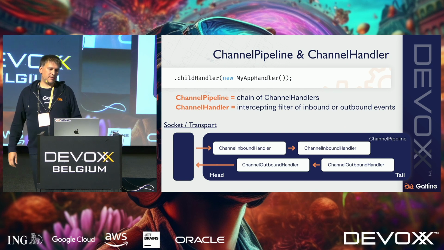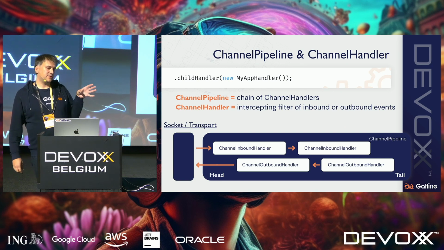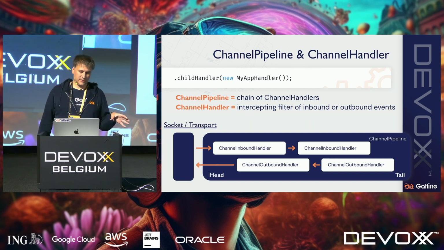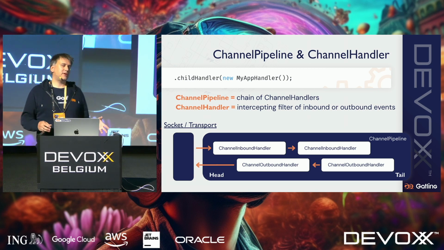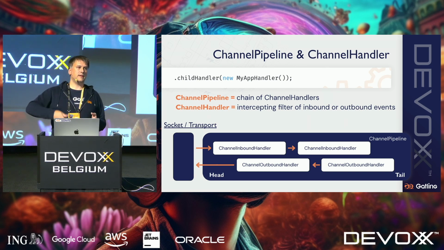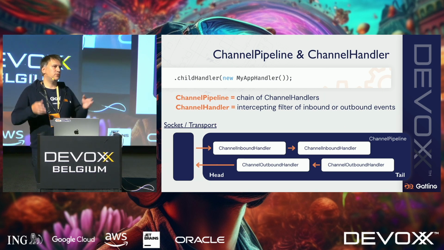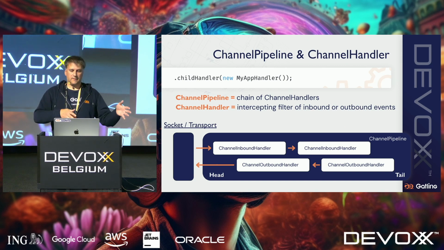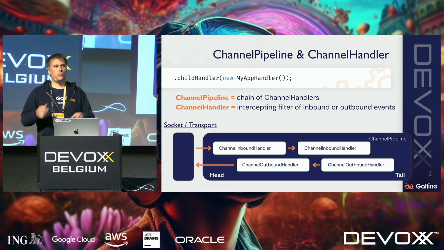The next abstraction is the channel pipeline and the channel handlers. Channel pipelines are basically chains of channel handlers, and channel handlers are intercepting filters that can filter inbound and or outbound events.